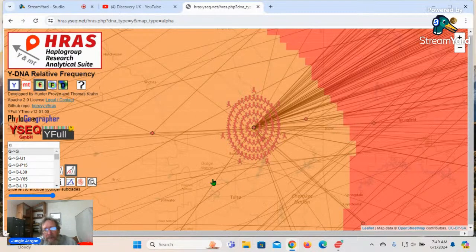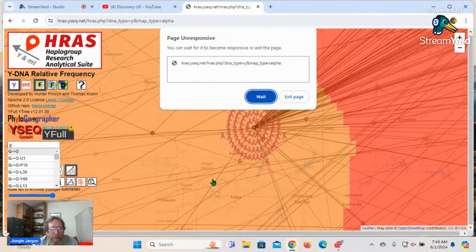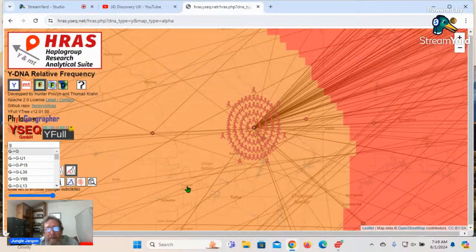And again, the Phoenician DNA signature is similar to that of the Jewish DNA signature because, of course, they're both Mediterranean. So they do tend to have most of the same haplogroups.